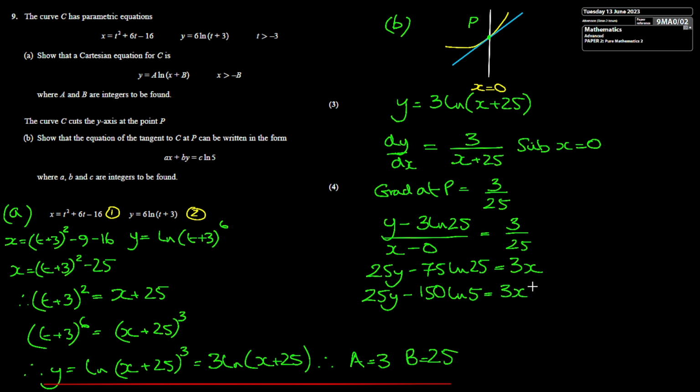They want the ln 5 over on the right-hand side and the y and the x on the left-hand side. So therefore, 25y minus 3x is equal to 150 ln 5. And that should be your answer.